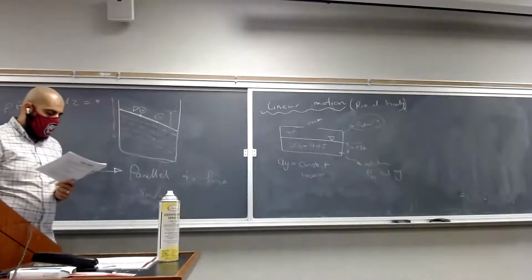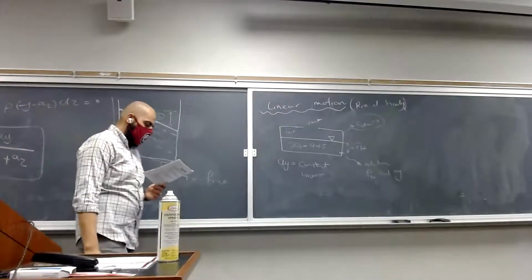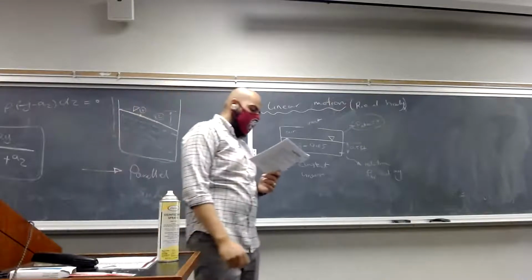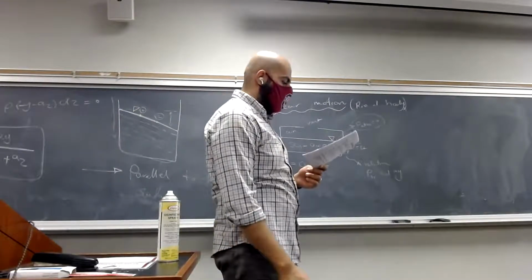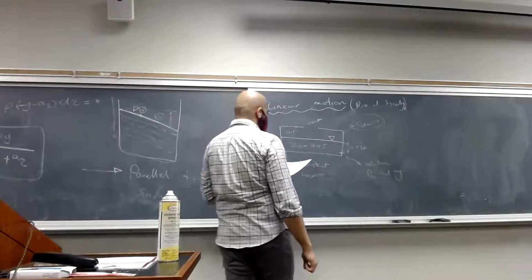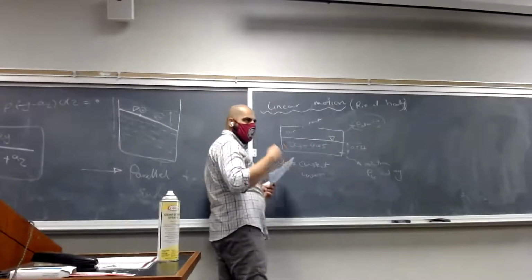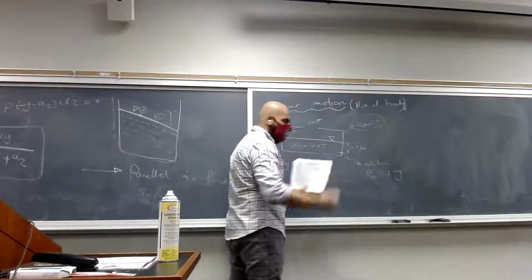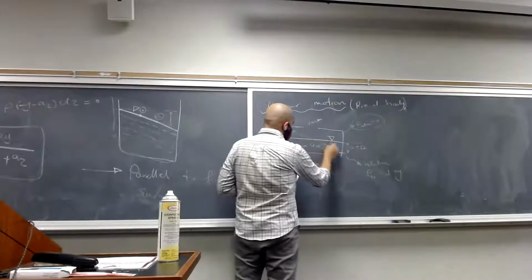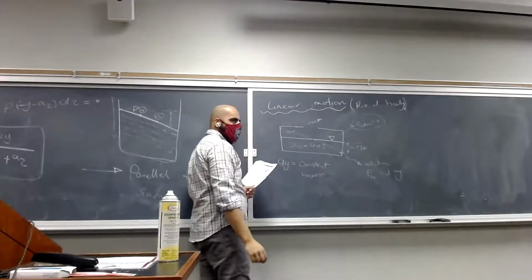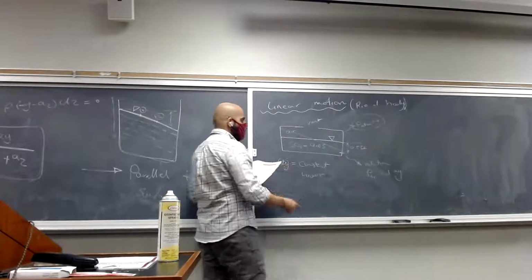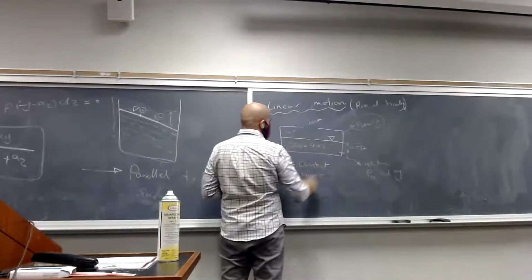And we are also asked to find the maximum acceleration that can occur before the fuel level drops below the transducer. So the idea was, if you are in a linear motion, the free surface is going to tilt this way, and as you increase the acceleration, this angle is going to be more and more.